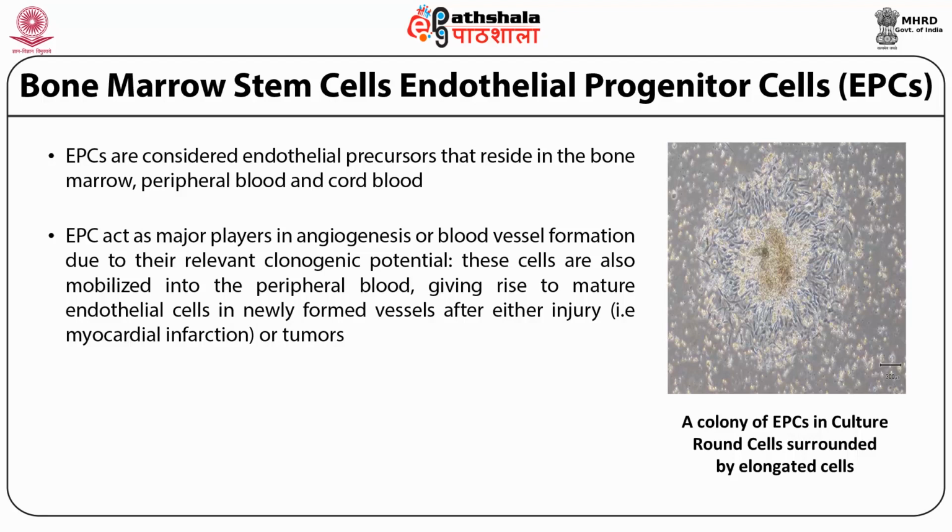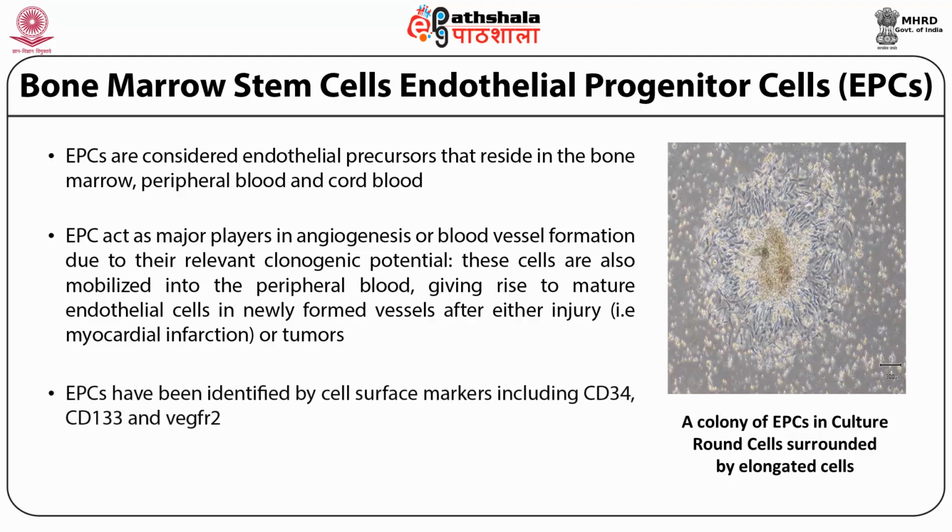They give rise to new vessels as part of pathological angiogenesis in tumor tissue, or they also give rise to new vessels as part of physiological angiogenesis, just like in case of myocardial injury when you have a major blood vessel obstructed and you need new vessels for blood supply. So these cells can be identified by surface markers including CD34, CD133 and VEGFR2.